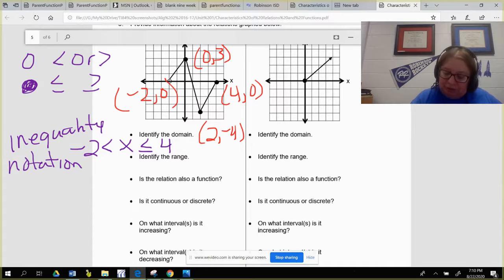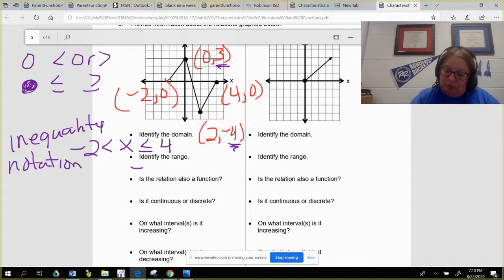All right, let's do the range. Range, now we're looking at the y value. So we want the lowest point, the lowest y value, to the highest y value. Lowest to highest. Okay, so what is the lowest y value? -4. Highest y value is 3. What kind of circles do we have with those 2 points? They're closed in, so that means they count. They're included.